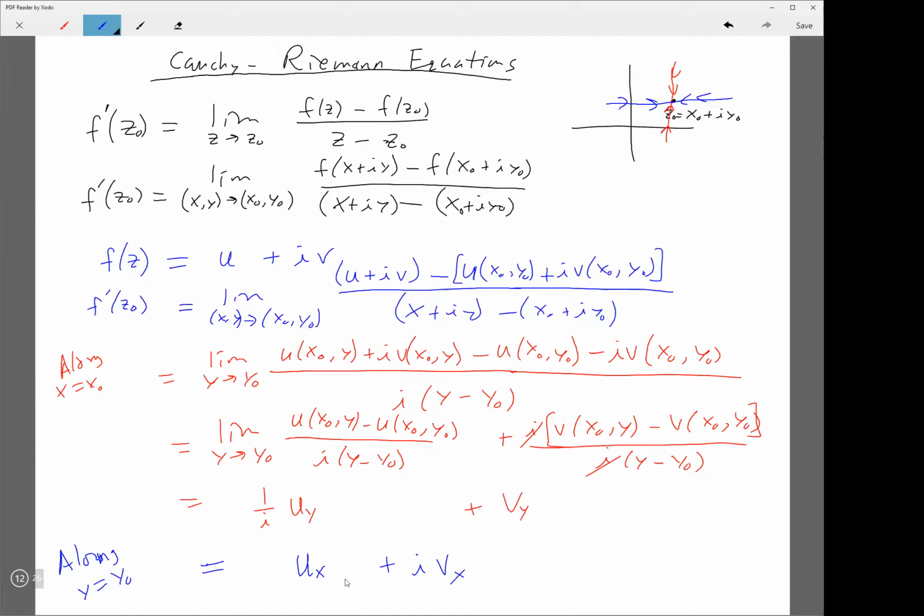I'm not going to do the calculations, but that's what happens. That's sort of the same thing that happens here if you go along x equals x naught.